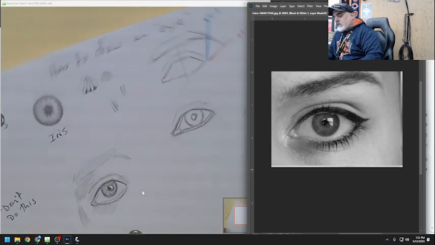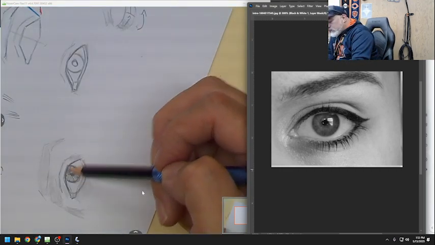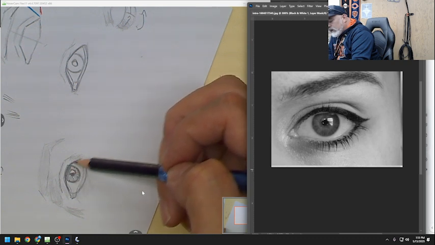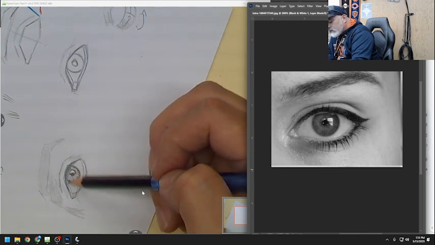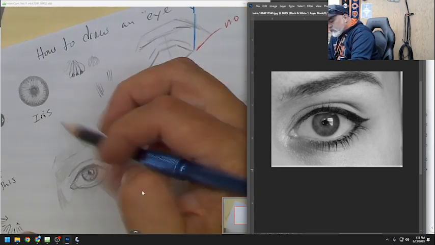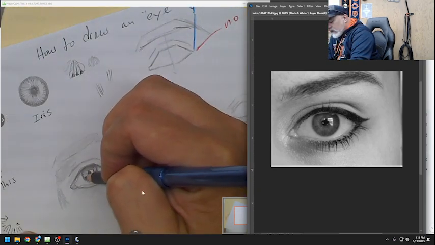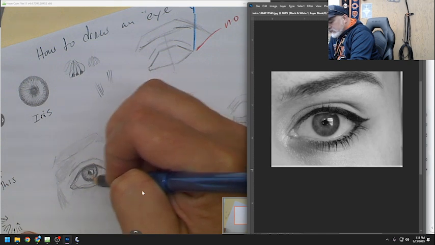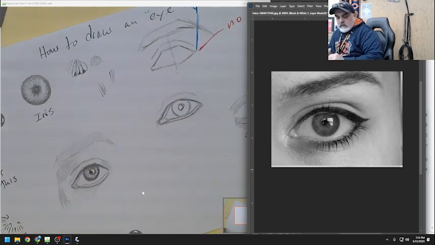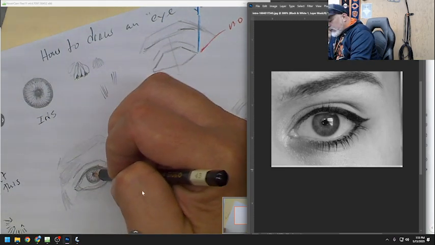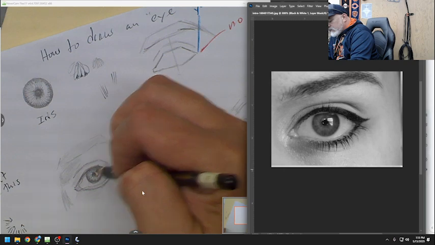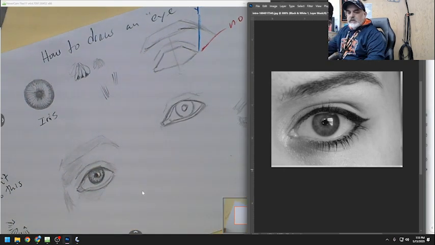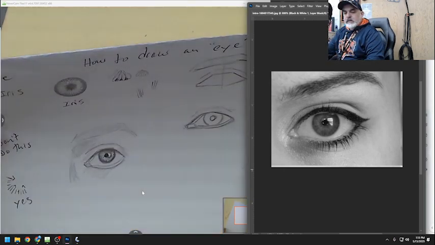Okay. I'm also going to add the shadow. So if you look at the photograph, you'll see a shadow that's right here. And I'll use my push and pull technique. If I want the pupil to be darker, I need to go to like a 4B or a 2B. Okay, so you can see how that's getting darker.